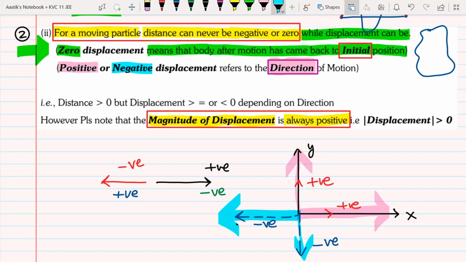Yes, sir. So if I ask you, what do you mean by positive displacement or what do you mean by negative displacement? What would you say? What is positive displacement and what is negative displacement?